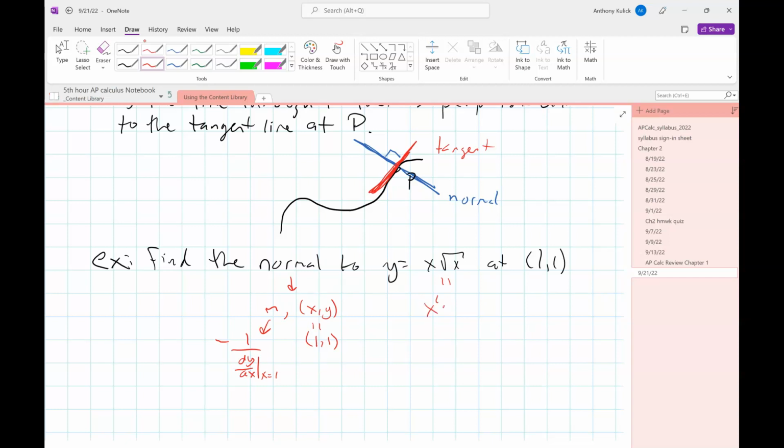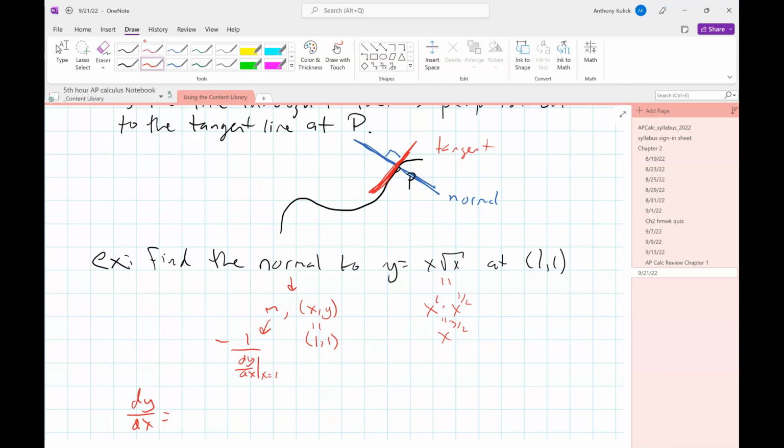But that's really the same thing as x to the first times x to the 1/2, or x to the 3 over 2. And that I can take the derivative of. You like that sneaky trick there?